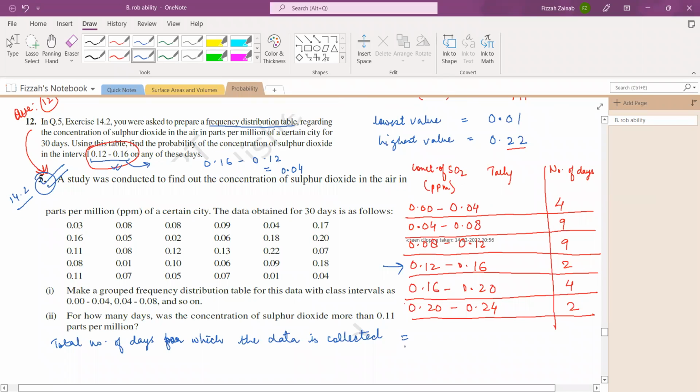So for how many days is the data collected? What is the total of these days? 30. It is also given in the question, right? 30 days.